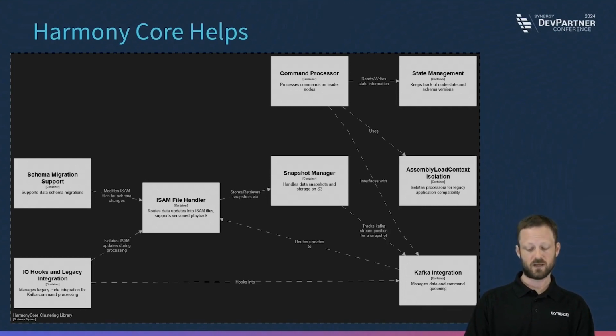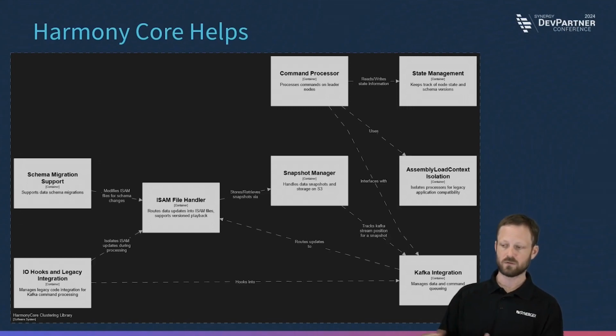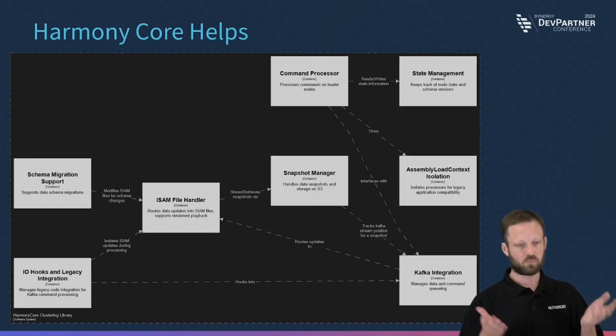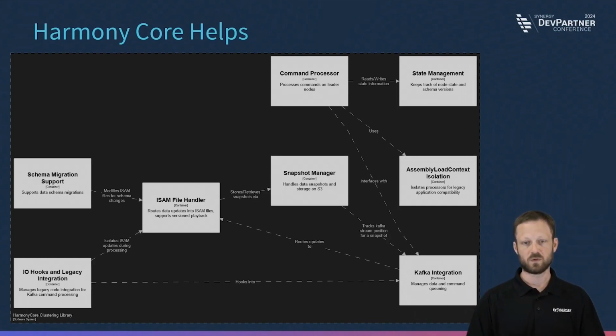So if I add a field to an ISAM file today on a single node, I'm probably going to take an outage window, run some kind of migration tool, and then bring back up the system and deploy with the new code running. And it's going to make use of that new field in the ISAM file. What do I do in a distributed system with multiple versions running at the same time? We have to do that data file migration live.